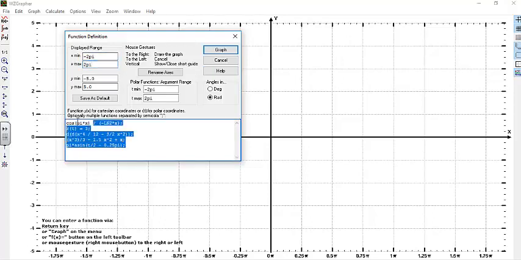Okay, so what we're going to graph is the function we just talked about, which was 2 plus cosine of x squared minus 3 times cosine of x to the fourth.